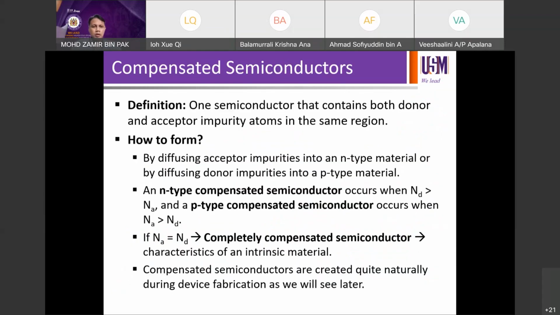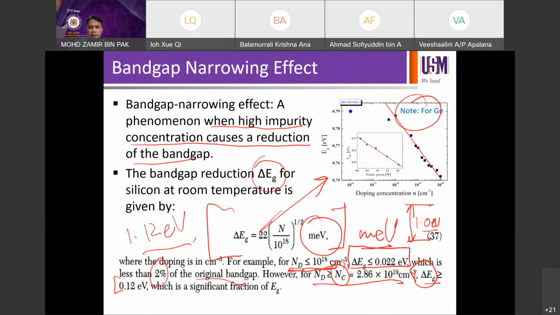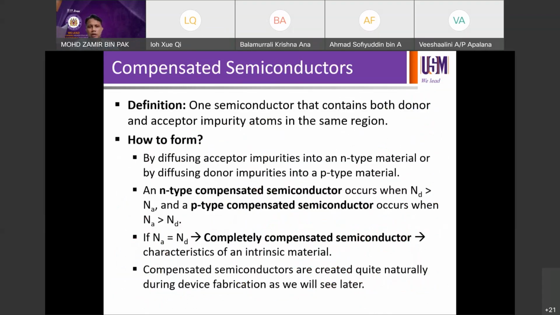Okay, so another concept that is equally important is called compensated semiconductors. Okay, just now we learned about degenerate, and then we see band gap narrowing effect, and then another concept is called compensated semiconductors. So this concept is when you have one semiconductor that contains both donor and acceptor impurity atoms in the same region. So that means you are incorporating both. Okay, the key here is both donor and acceptor impurity atoms in the same region.